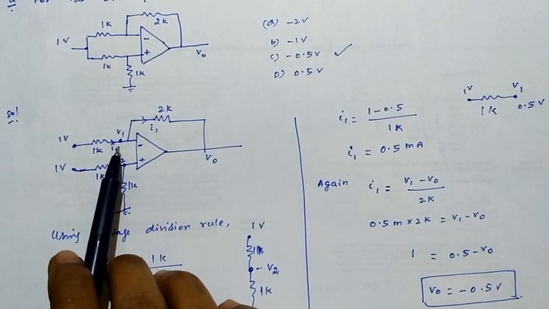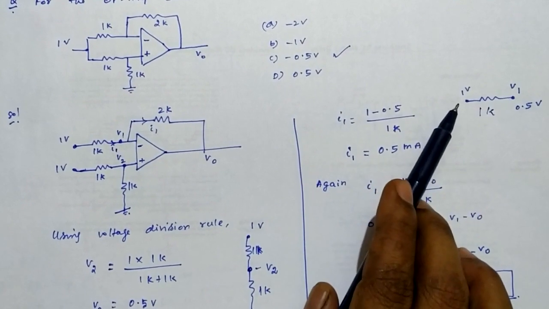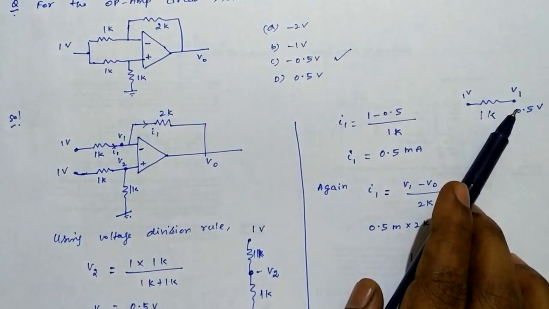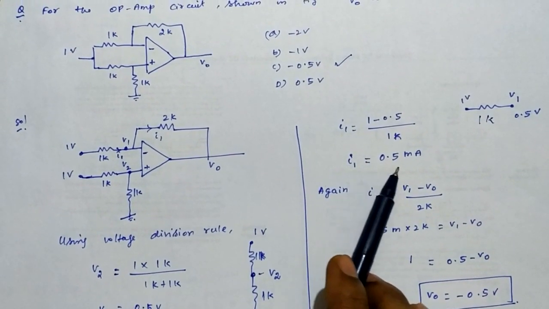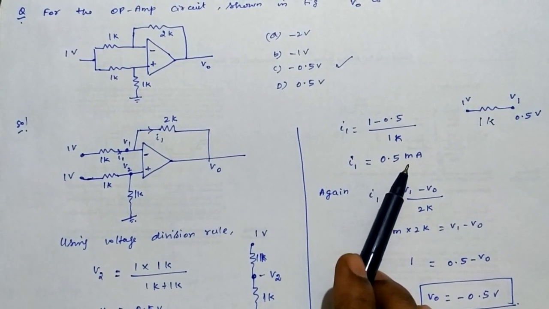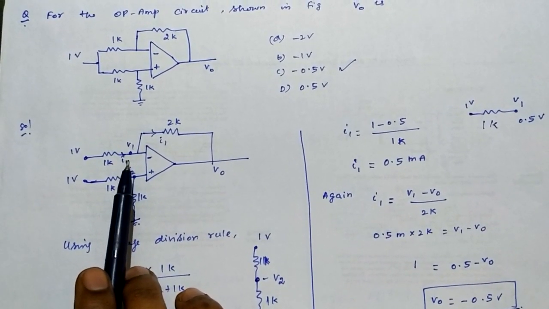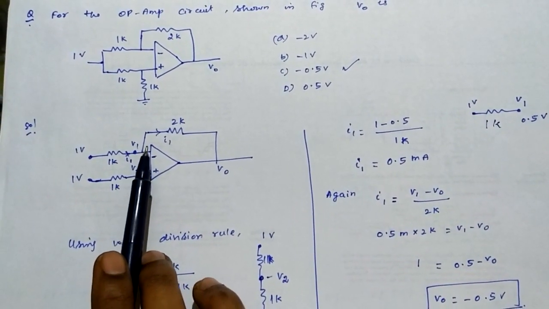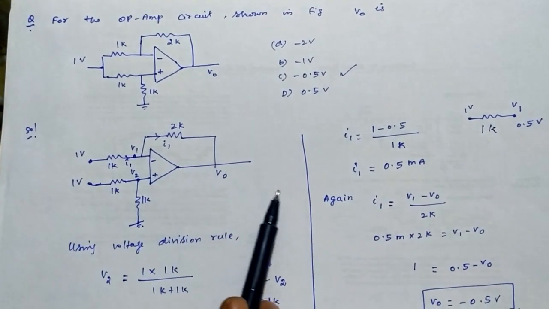So therefore current I1 is 1 volt minus V1, that is 0.5 volt, divided by 1k, which is equal to 0.5 milliamps. This current is also flowing through this 2k resistance.